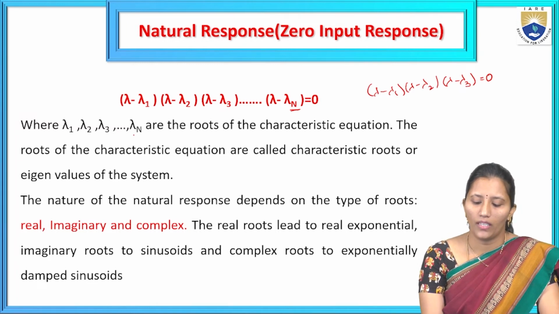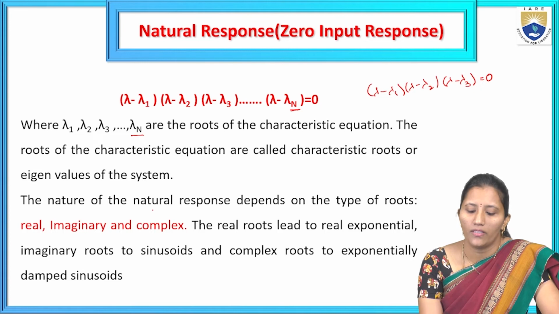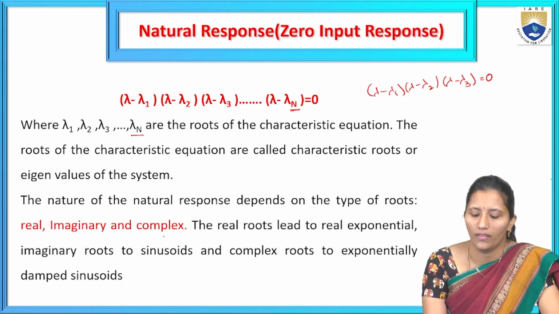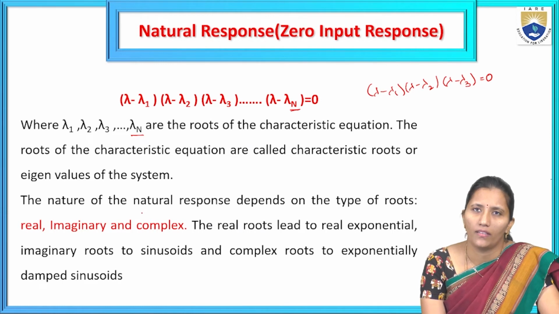So here we have an nth order system, with n roots, and we have to find out the nature of the roots. The nature of the roots will decide the homogeneous solution response.